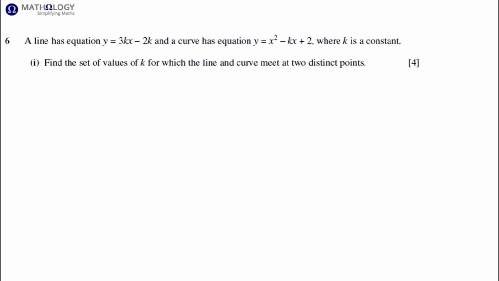Okay, so we've got two functions here, and the fact that they meet at two distinct points means that we have 2 points of intersection, right? So when we equate these two functions and establish a simplified expression and find the discriminant for that expression, the discriminant must be greater than 0, because delta, the discriminant being greater than 0, implies we have 2 points of intersection, two real roots.